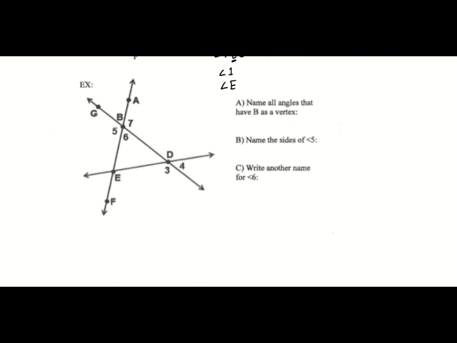Okay, let's look at an example. Name all angles that have B as a vertex. So if you look, find point B. It's right here in the middle. So my first angle I see is I have from G into B out to A. So that is one angle.